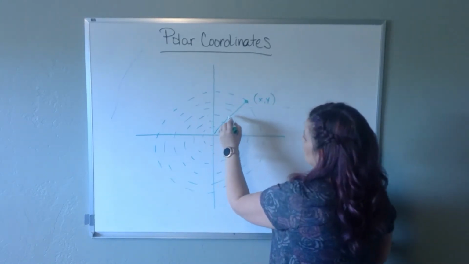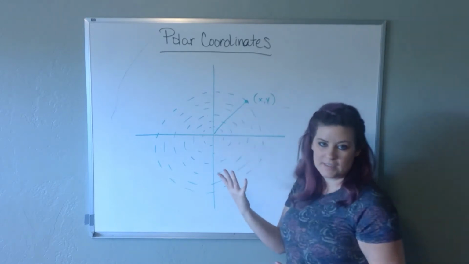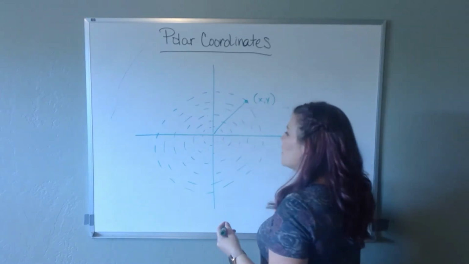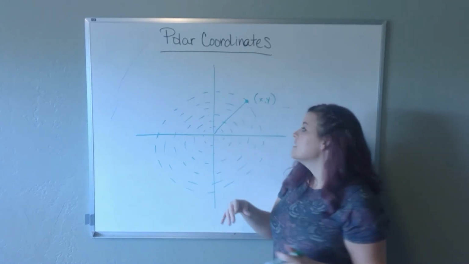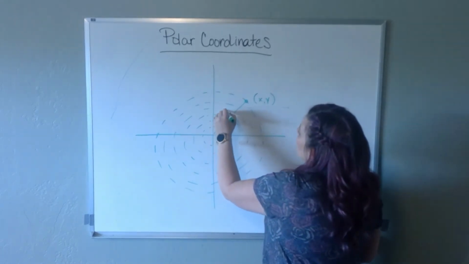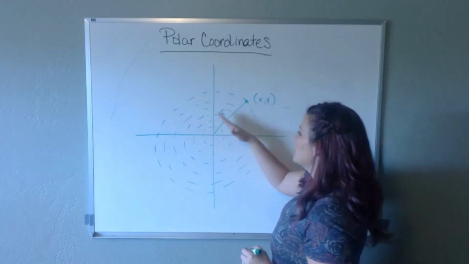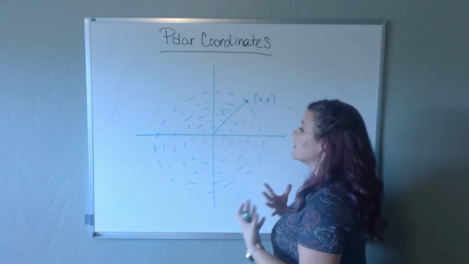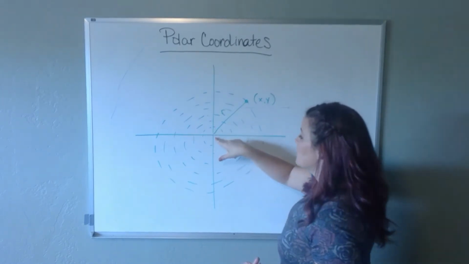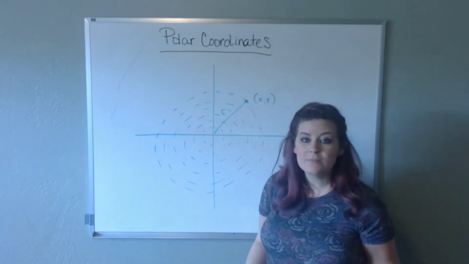Notice I went out 1, 2, 3, 4, 5, 6 in this example. But remember, on the rectangular plane, I actually don't have those circles. I don't see them. So I know this value is R. How many circles did I go out? Or what's the radius? Or in other words, what's the distance between the origin and this point? That's what I'm looking for.